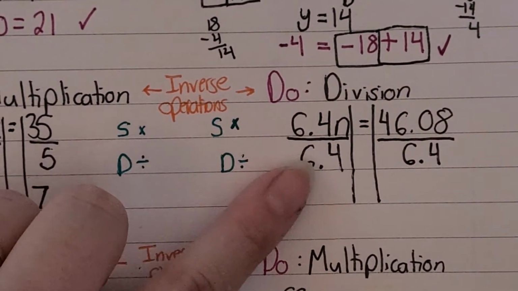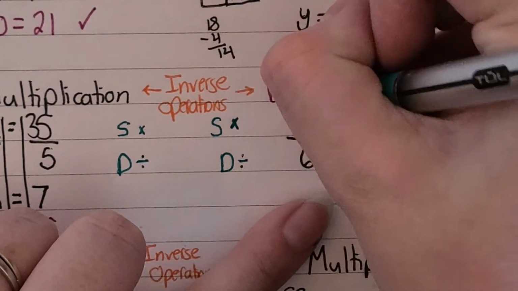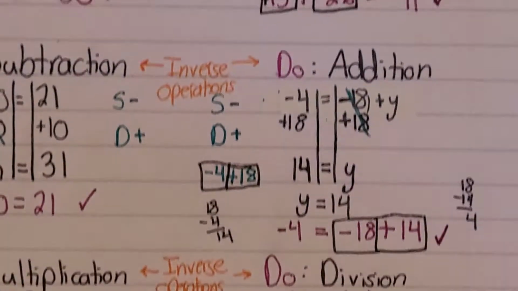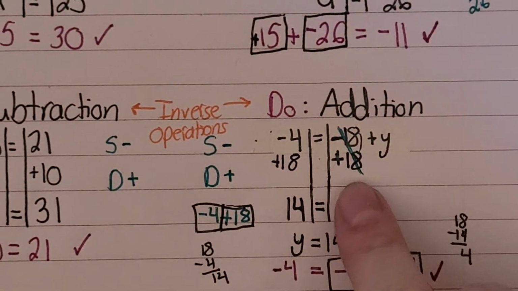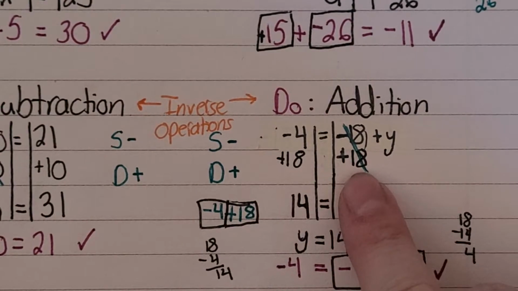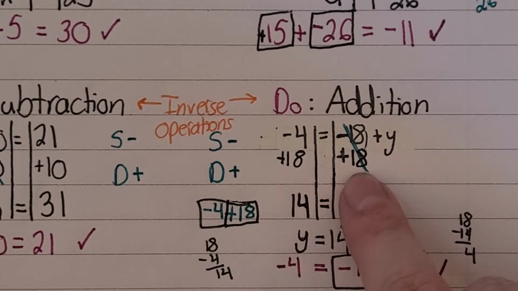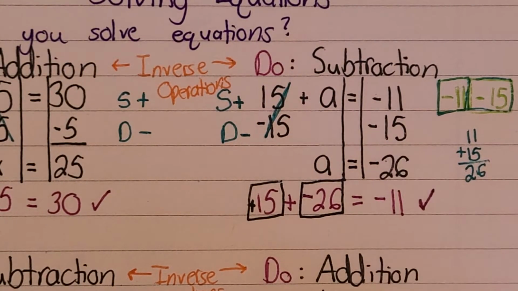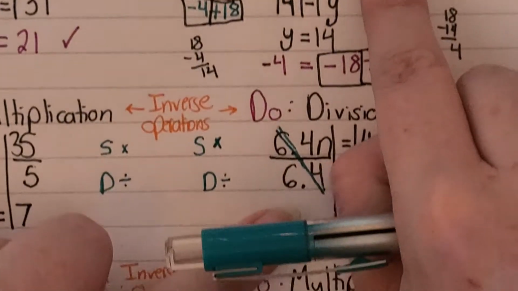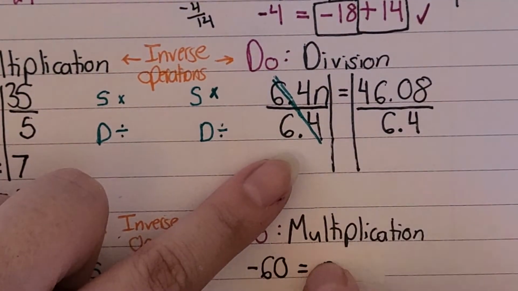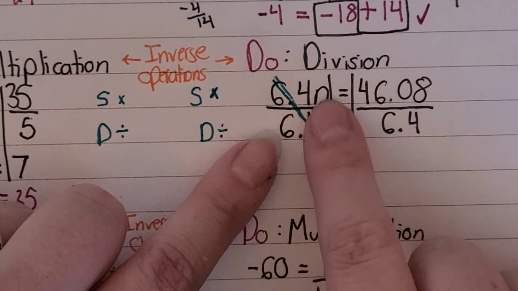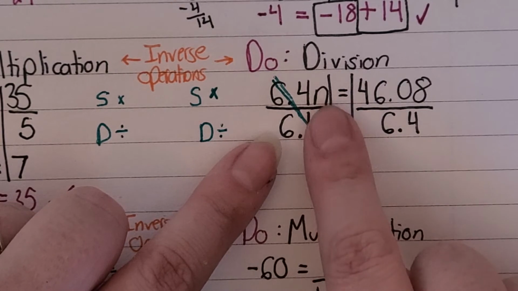6.4 divided by 6.4 just gives me 1. So this is canceled out, okay? So when we added and subtracted, remember, we got zeros. Negative 18 and a positive 18 make a 0, because 0 plus y is just y. So when you add and subtract, you're canceling out to make zeros. When you divide or multiply, when you cancel out, you're getting ones, because 1n is the same thing as just writing n.